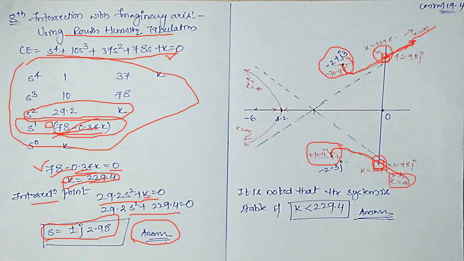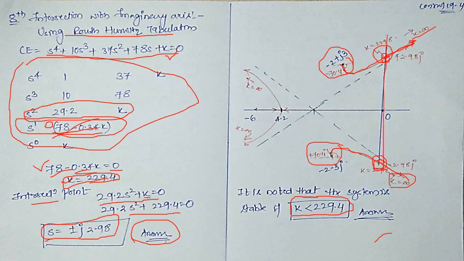Okay, and the last question in this given root locus is to determine the stability of the system. So the system will be stable only for the value of k which is less than 229.4. Please understand why it is so. Look at the root locus plot.